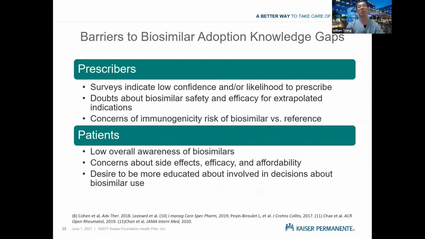Surveys indicate that low confidence is a reason for not prescribing, doubts about the safety and efficacy, and concerns of immunogenicity and risk of biosimilars versus the original reference drug. And from a patient's understanding, really, they just don't know what biosimilars are. They do have concerns about efficacy and affordability, so that's a big one, affordability. And they really want to know more about the decision making.